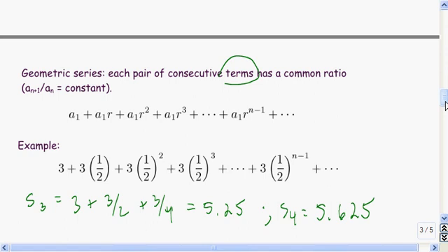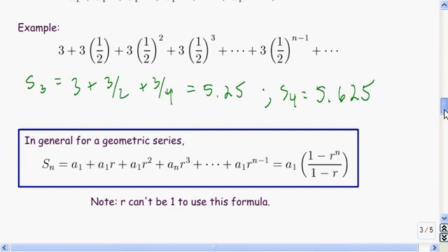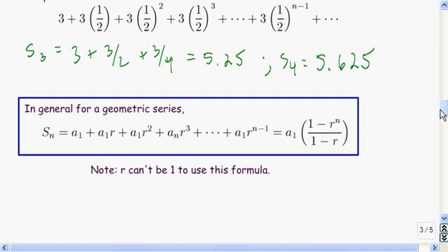Alright, so we do have a formula which I'm actually not going to prove here. It's going to make this a little too long, but there is a pretty cool, fun proof for this one.